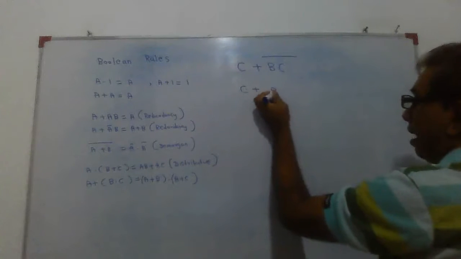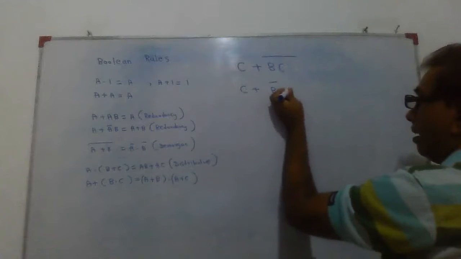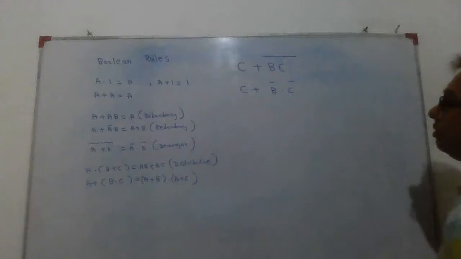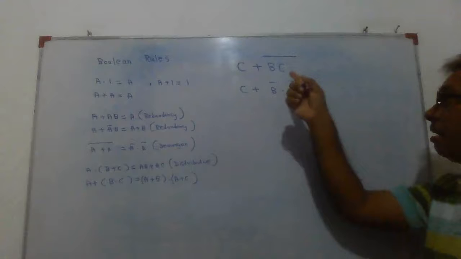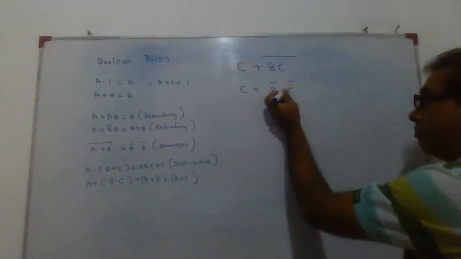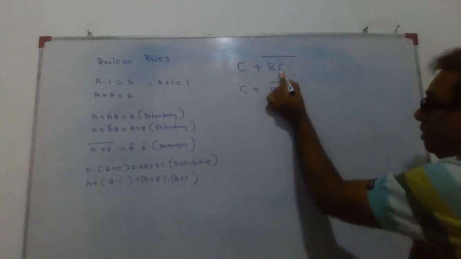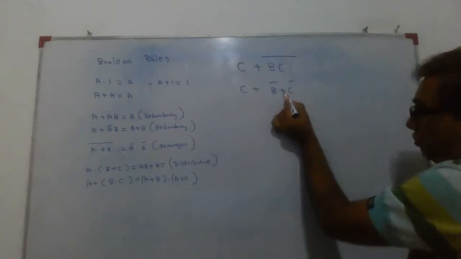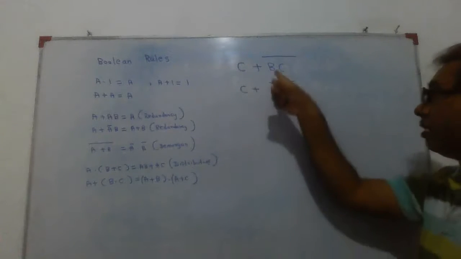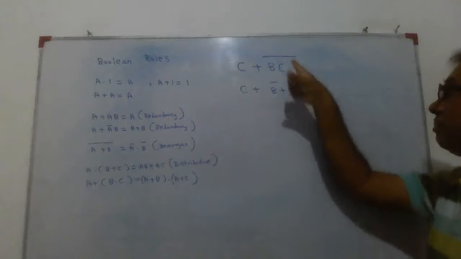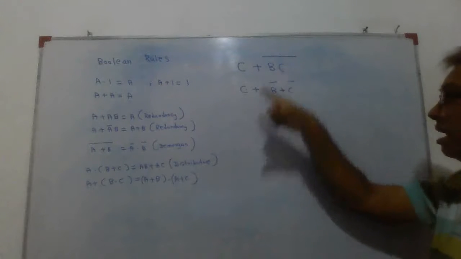So we break the bar, B bar and C bar. B and C bar, sorry, it should be OR. We have changed the operator, and here we change it as OR. So then B bar or C bar.